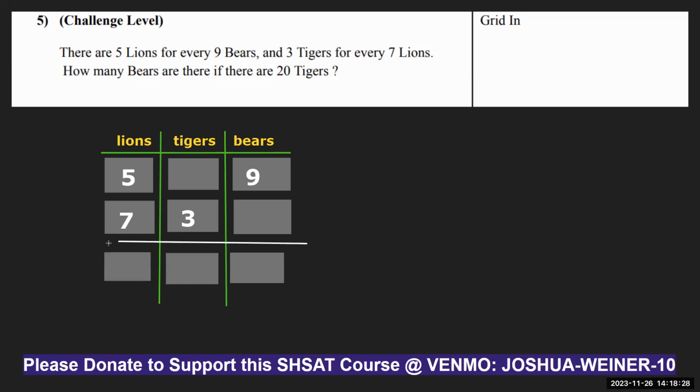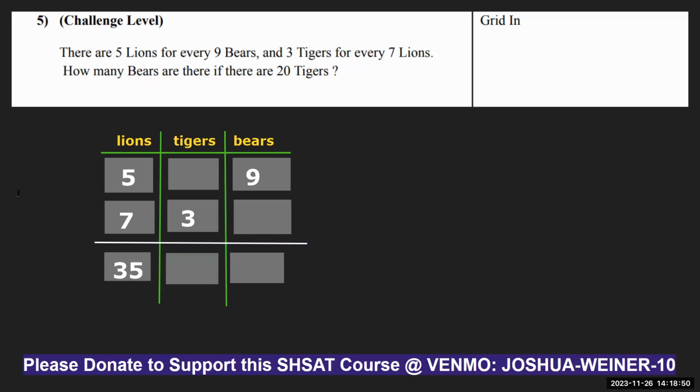So what can we say here? Well, 5 and 7 are different numbers, so we can't just say that there are like 12 lions for every 3 plus something bears. We have to scale them up so that we have the least common multiple in the front row. 5 times 7 is 35, right?